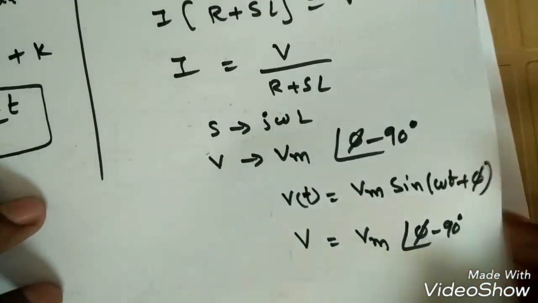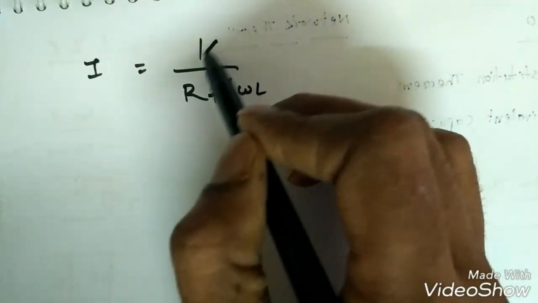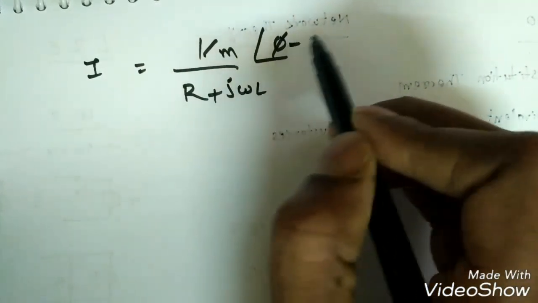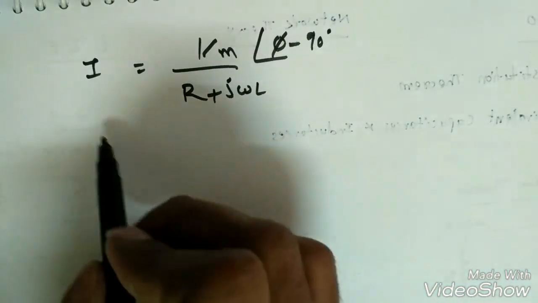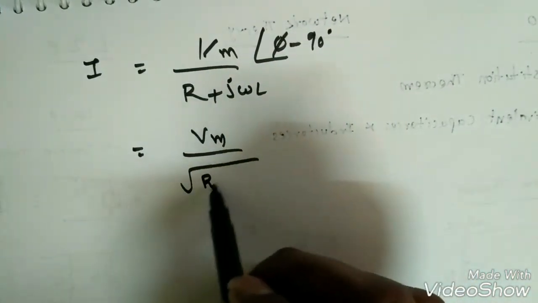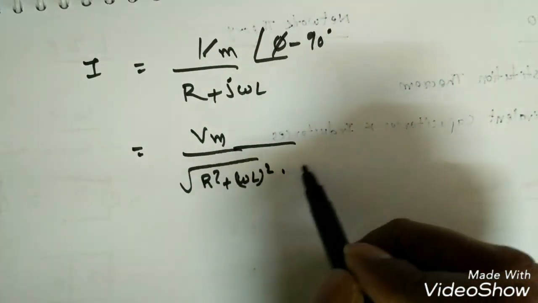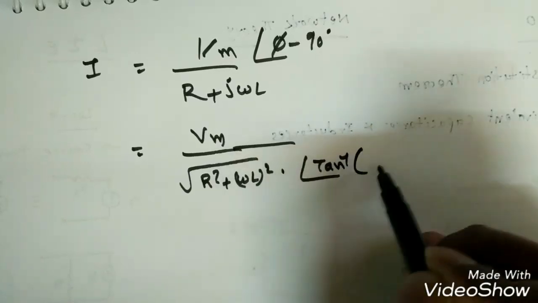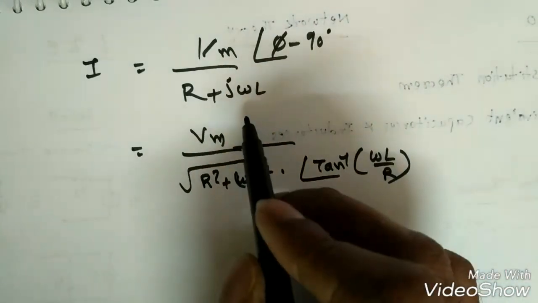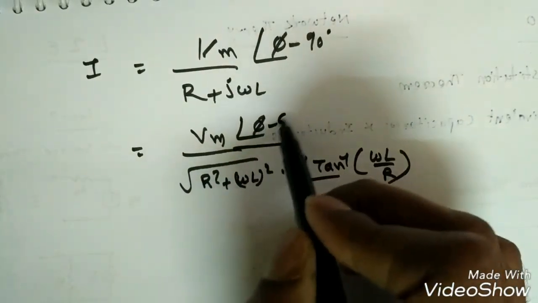Now if I proceed further, what do we get? I is equal to 1 by R plus j omega L into Vm angle pi minus 90 degree. Now if I find the phasor domain magnitude, that is square root of R square plus imaginary square, real square plus imaginary square, into angle tan inverse omega L by R, because the imaginary part is omega L and our real part is R, into this pi minus 90 degree.